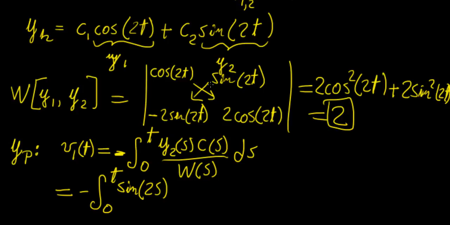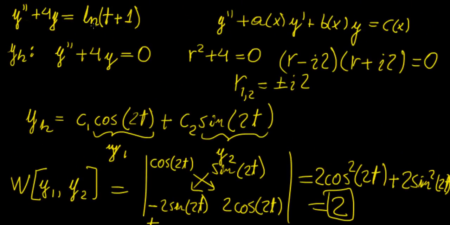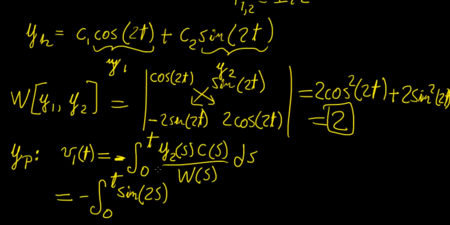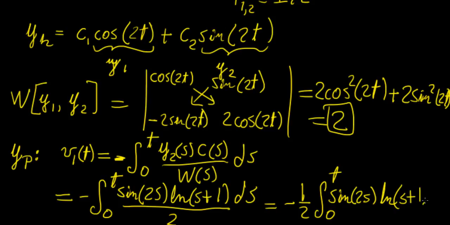And then c(s), well, let's go back up and see what it is. Well, c(t) is the natural log of t + 1, so c(s) has to be the natural log of s + 1, ds, and the Wronskian we know is just 2, so in the end we can write this as minus 1/2 times the integral from 0 to t of sine 2s times the natural log of s + 1, ds.